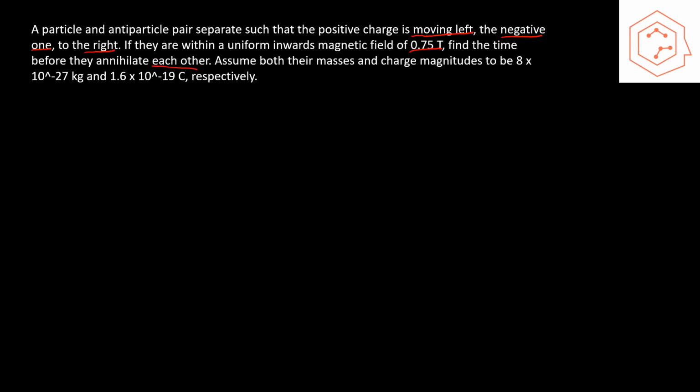We're told to assume both their masses to be 8 times 10 to the negative 27 kilograms, and their charges, or charge magnitudes, to be 1.6 times 10 to the negative 19 coulombs. So if we draw our magnetic field, it's inwards, so that's going to be represented by x's.